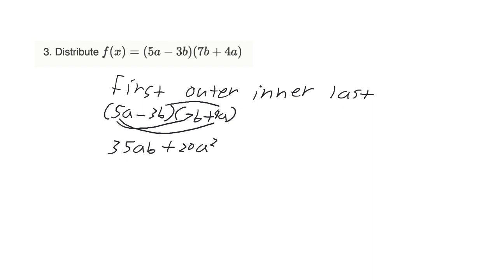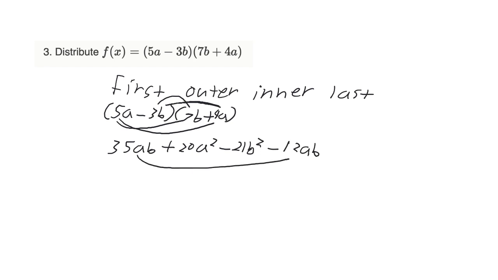Then we've got inner, that's these two terms, negative 3b times 7b, which is negative 21b squared. And then we have last, which is what I erroneously wrote here. It's negative 3b times 4a, so minus 12ab. Now, the only thing we have to do is combine like terms.